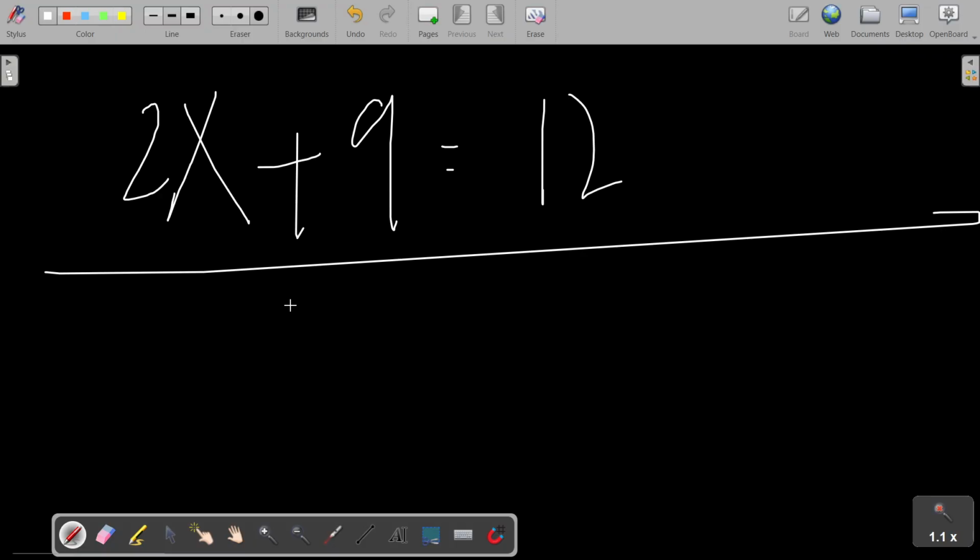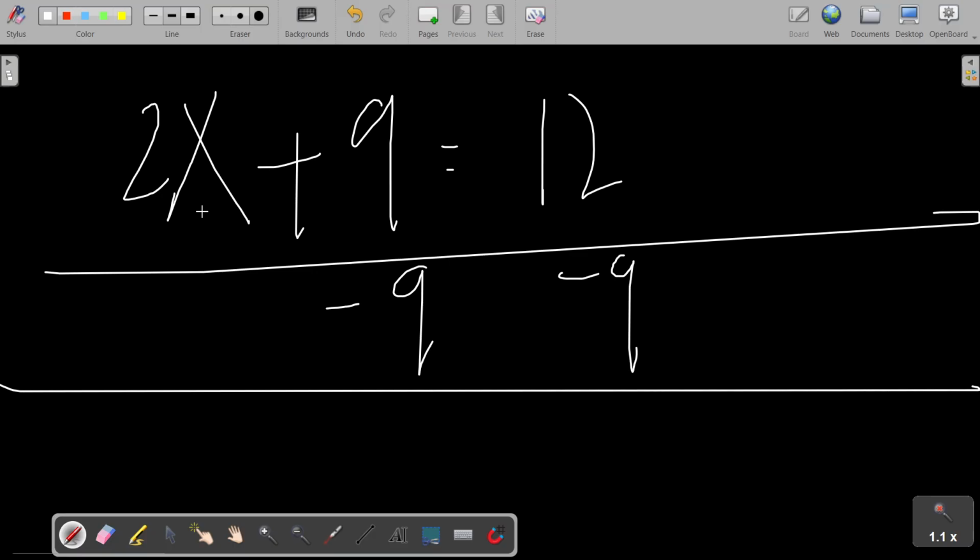So what I'm going to do is subtract 9 on both sides, so we can get 2x on this side only. Only x terms on this side, and constants on the other side. So here is a constant, I have to remove it. So I'm going to subtract 9 on both sides, so that this will get cancelled and become 0.